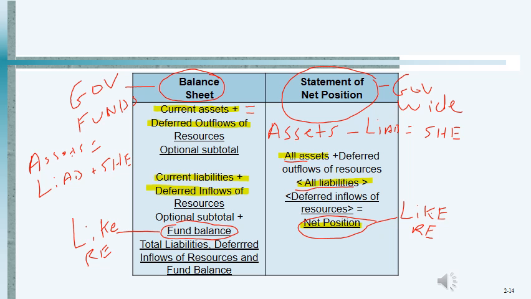We show the deferred inflows down with the liabilities because they're a little higher on the food chain than a liability and they are trying to become a revenue. Okay, the only takeaway here is the presentation, just to help you a little bit.